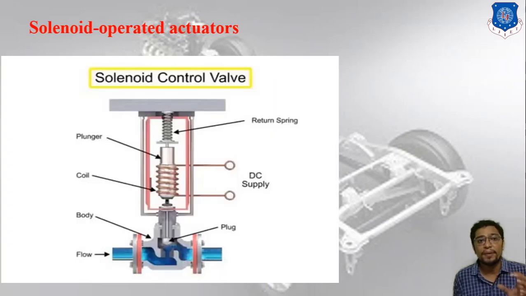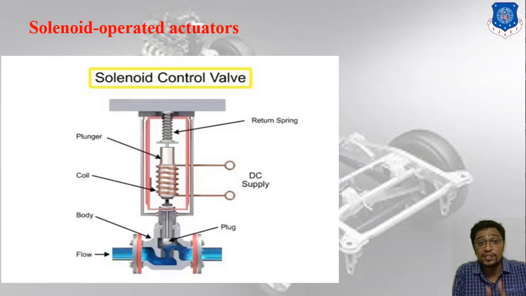So the solenoid operated actuator. Here you can see at the rear part the flow. There is one plug connected with the body, and there is one coil attached to the DC supply, and there is one plunger and one return spring.